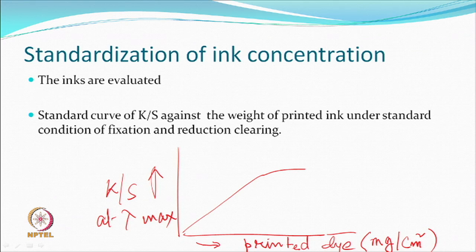So, one is that I have made the process, but when you say you are standardizing, at the end of the whole thing you measure the K/S value of the printed area under the condition of fixation and reduction. After, let us say, you have kept it at 180 degrees in high pressure, high temperature steam, how much has the color gone down? If it goes down too much, obviously it will appear lighter.